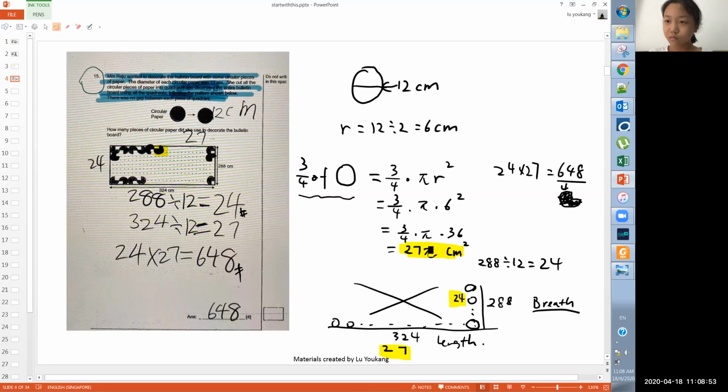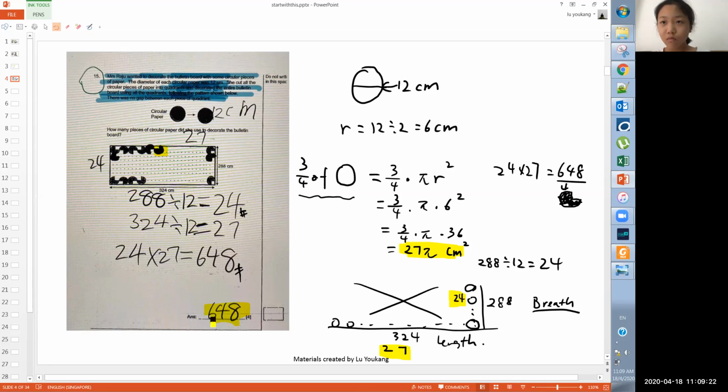So what does the question ask for? There was no gap between each piece of quadrant. Okay. So is this answer correct or not? 648. I don't know. You don't know. Okay, never mind. So how many pieces of circular paper did she use to decorate the bulletin? Let me double check on the question. Mrs. Raju wanted to decorate the bulletin with some circular pieces.